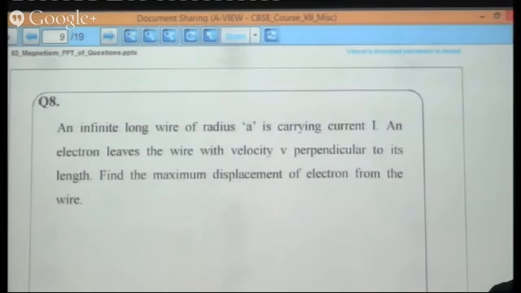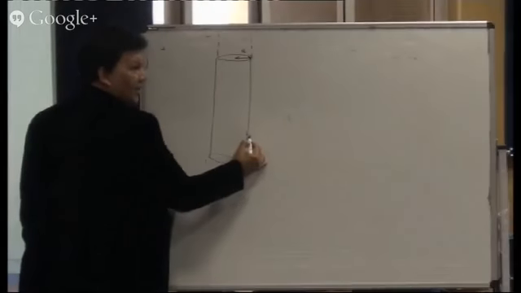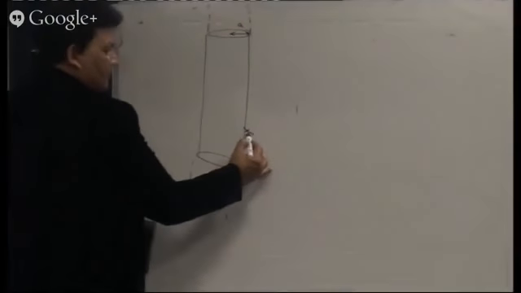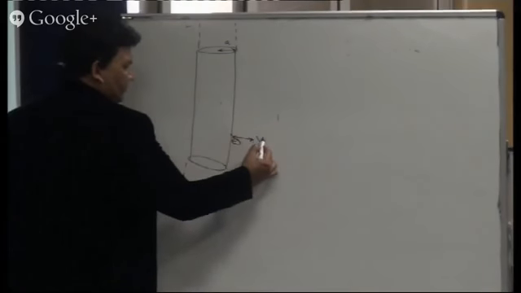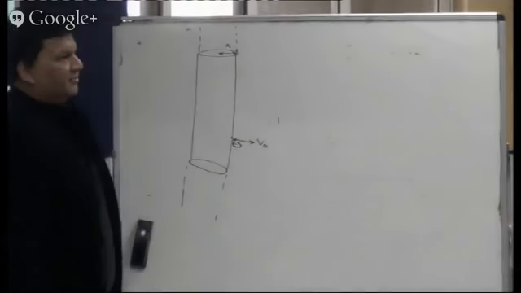Okay, guys? This radius is... electron leaves the wire perpendicular. The maximum displacement of electron from the wire. Similar question.